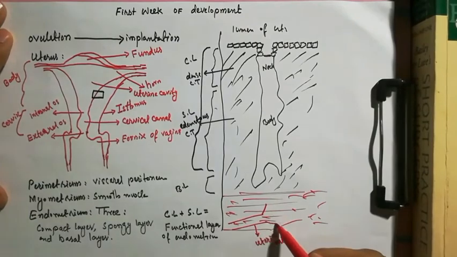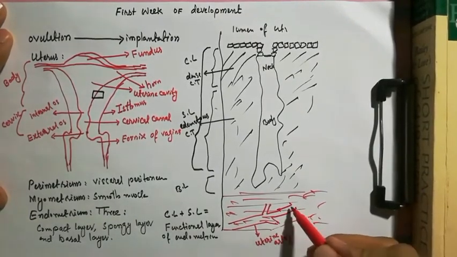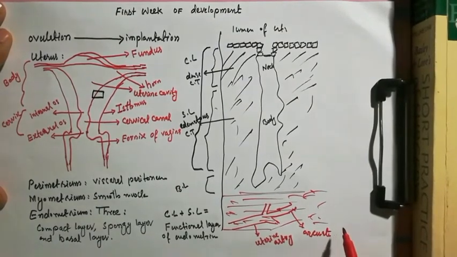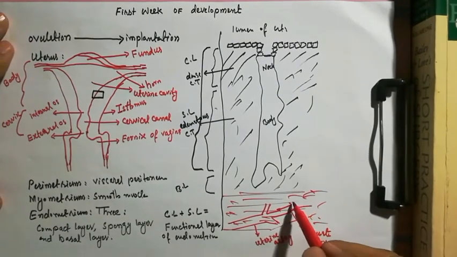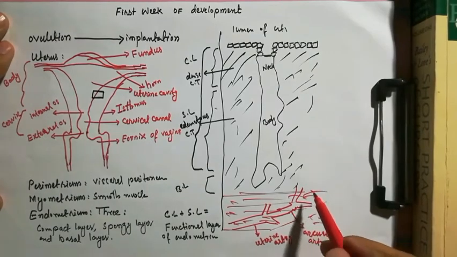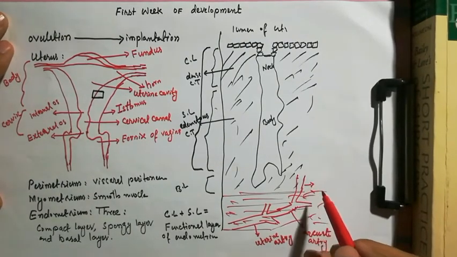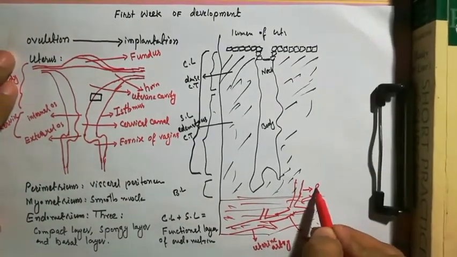It gives branches, and here this is called arcuate artery, it gives further branches, and suppose this is called radial artery.